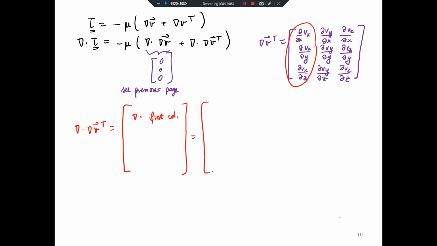And that is equal to d/dx of the first element, vx, plus d/dy of the second element, plus d/dz of the third.